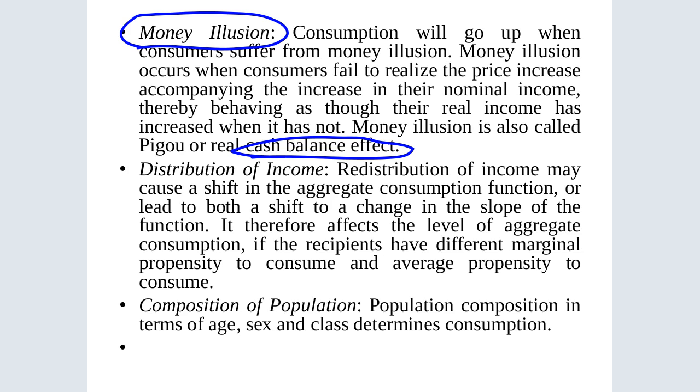We also have distribution of income, which will also affect the consumption behavior. Income redistribution will shift the aggregate consumption function and lead to a shift or a change in the slope of the function.